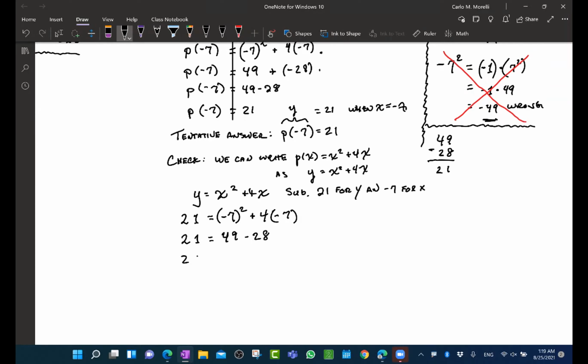So 21 equals 21. I just want to reinforce that this is a question, right? We don't know, is this true? Is really the question we're asking? Okay, and so now we can say, yes, it's true.